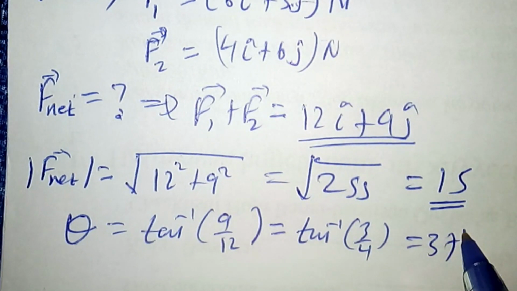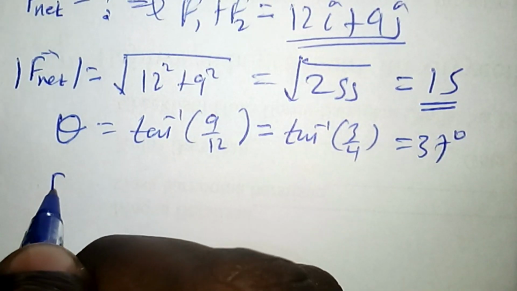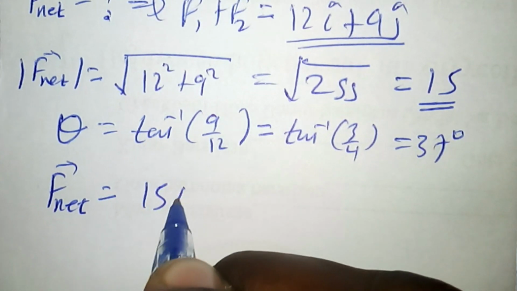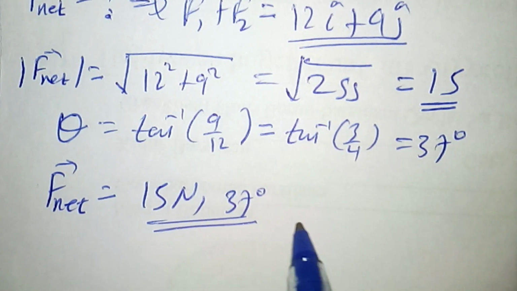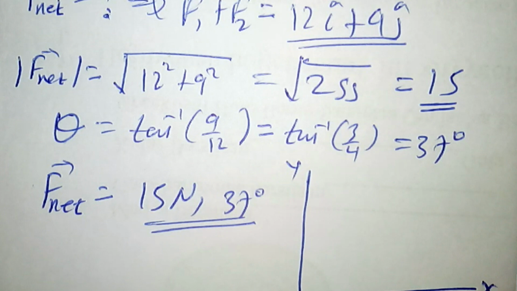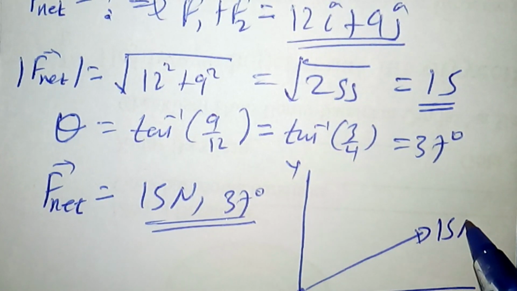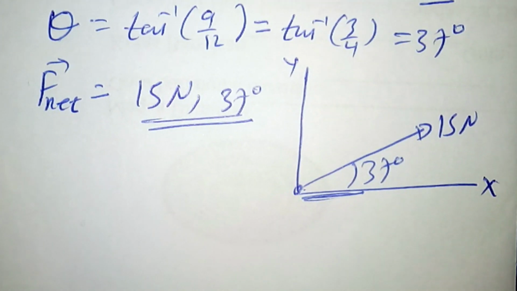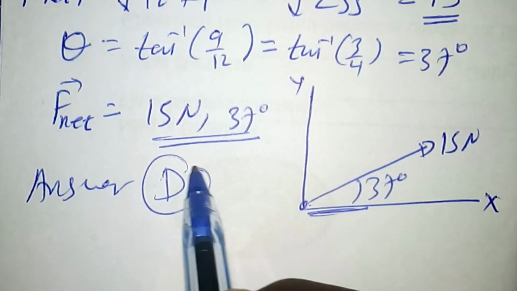This gives us 37 degrees. So F net is 15 Newton, 37 degrees above the positive x-axis. We can draw it: if this is x and this is y, then the net force is 15 Newton at an angle from the positive x-axis. So the answer is D.